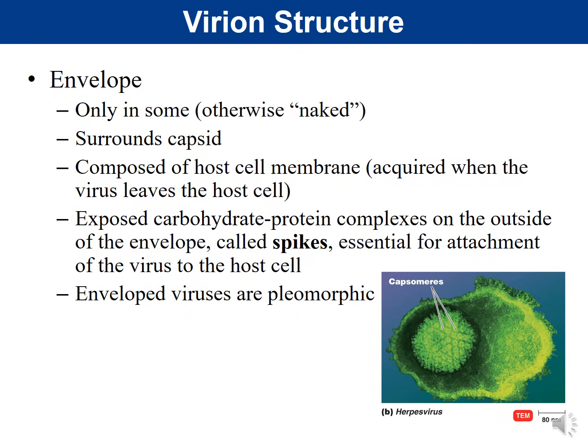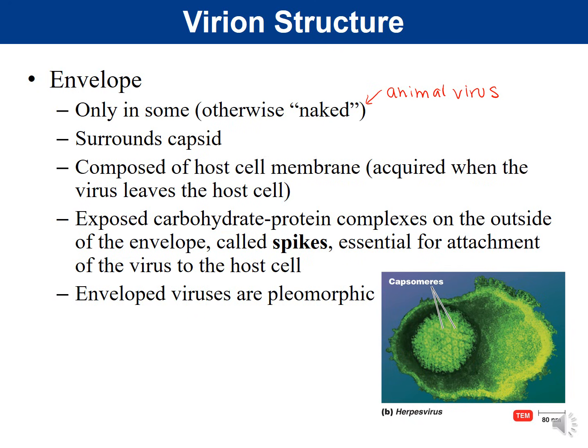So, enveloped viruses are only found in some. Again, otherwise they would be called naked. And typically, the types of viruses that have an envelope are going to be mainly animal viruses.